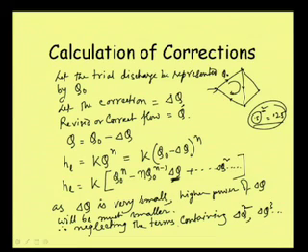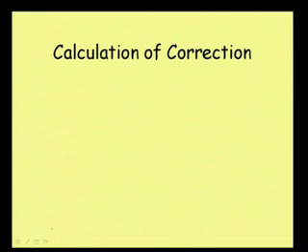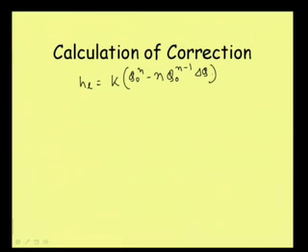So, neglecting those terms, we can now write HL is equal to K Q0 to the power n minus n Q0 to the power n minus 1 and delta Q. Here we are neglecting the other part.